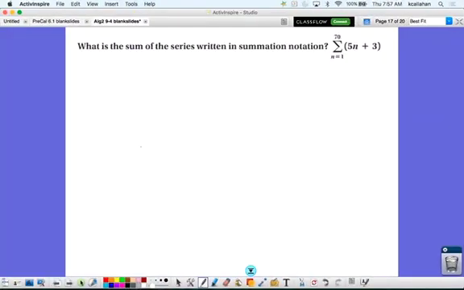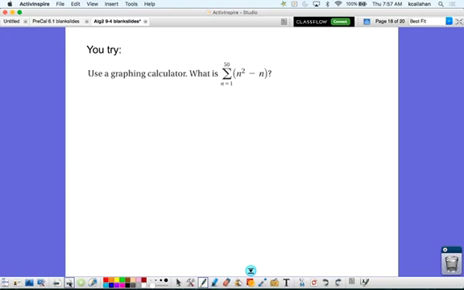So let's try one more. I think this is going to be a you-try. So try to do that with the calculator, or with Desmos, or with both.